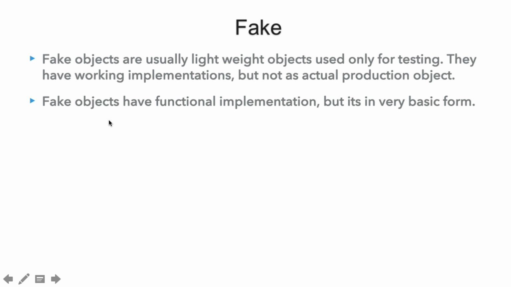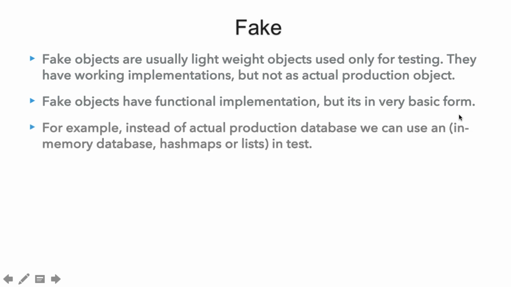Fake objects have a functional implementation, but in a very basic form. So what do we mean by it? Let's say our class under test has an external dependency which is talking to the actual production database. Now instead of the actual production database, we can use an in-memory database, a hash map or a list to simply mimic the actual production database.